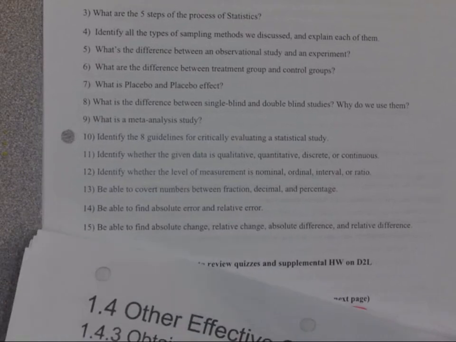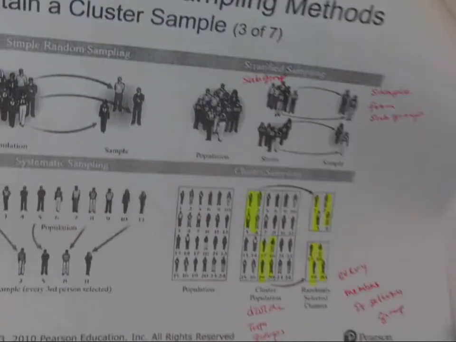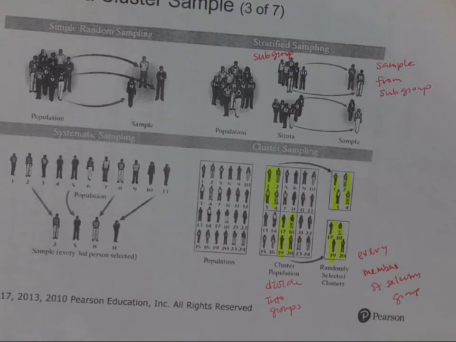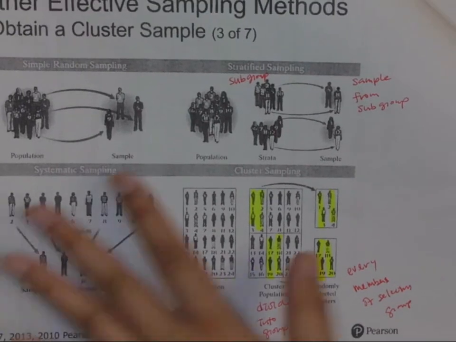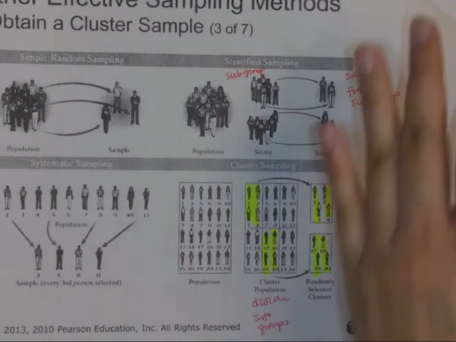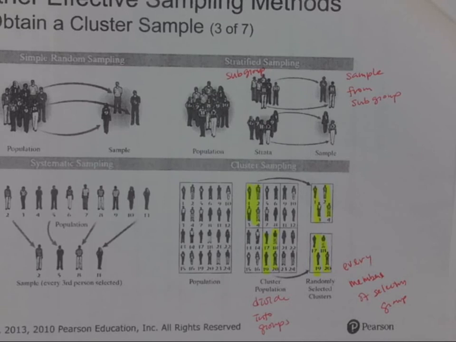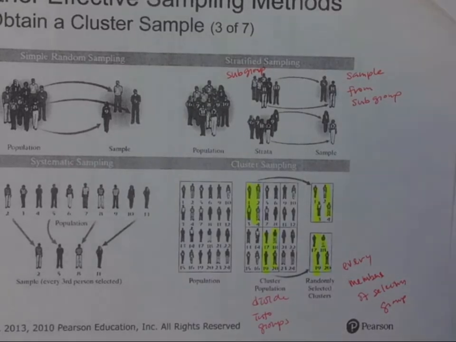All the people in the groups. How about stratified? It's kind of the same thing. You split up the big group into strata, but you only pick some of the groups, not all of the groups.